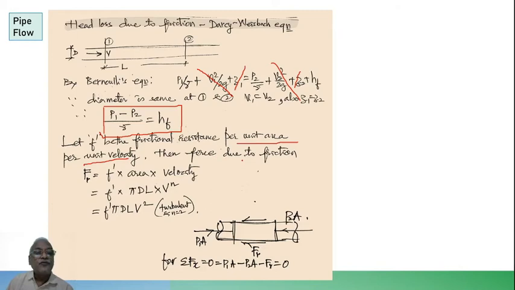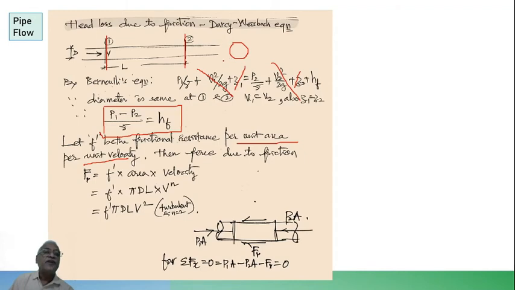Then the force due to friction: if that is the frictional resistance, I have to multiply it by area and by velocity so that I get the frictional force. So the frictional force is given by F dashed multiplied by the area. Now when it moves from 1 to 2, the cross-sectional area is cylindrical, right?